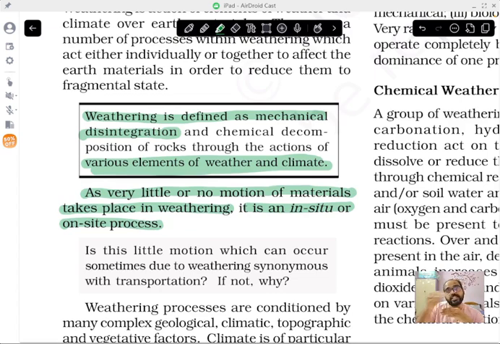The materials don't move, or there might be only little movement of the materials. So it is an on-site process, it happens on that site only. It does not move from one side to another side.